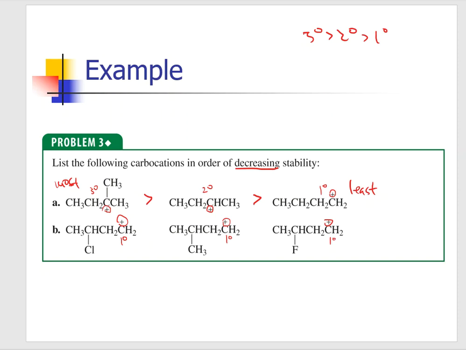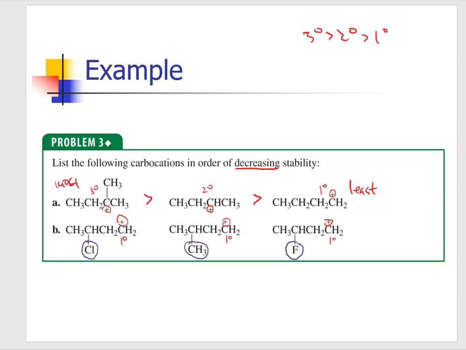Well, what's different about them? What's different about them are the attachments onto the molecule. So here I've got a chlorine, and here I have a CH3 group, and here I have an F, which is a fluorine. Well, what's different about those? Electron withdrawing?